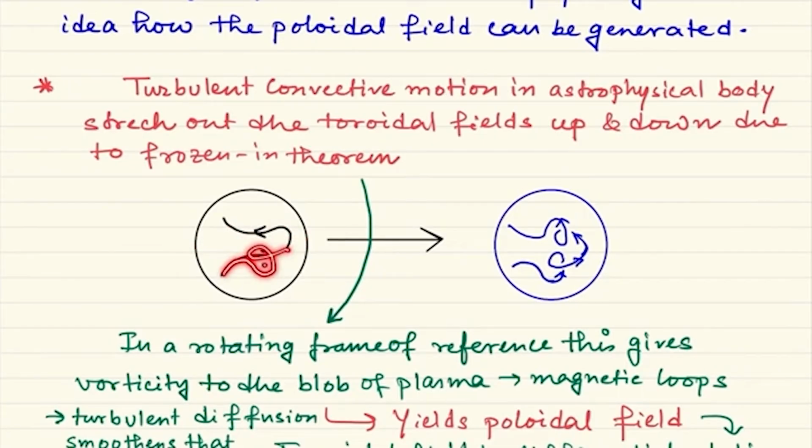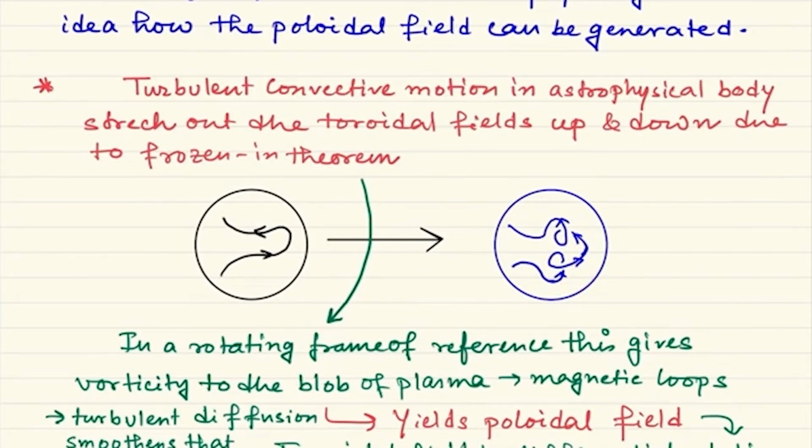So you can see exactly this picture over here. Finally, starting from a toroidal direction, we have something which is now non-zero in the poloidal direction as well.